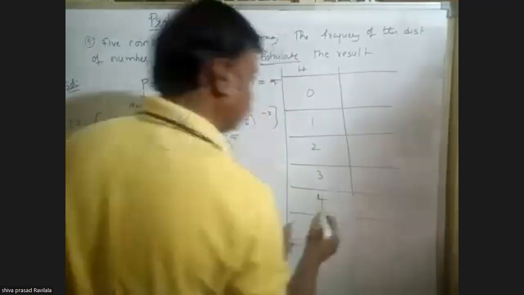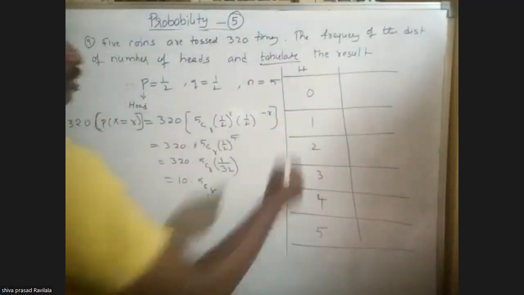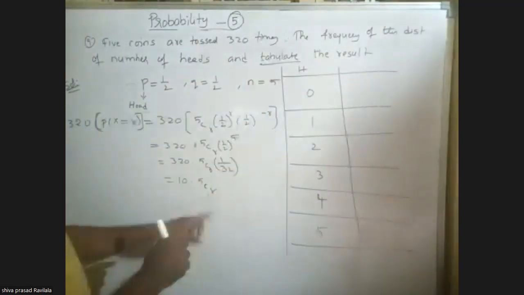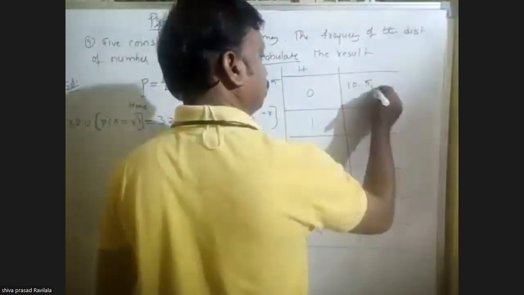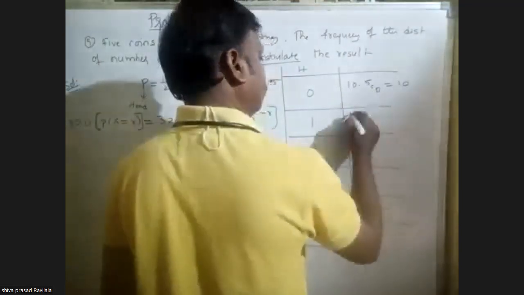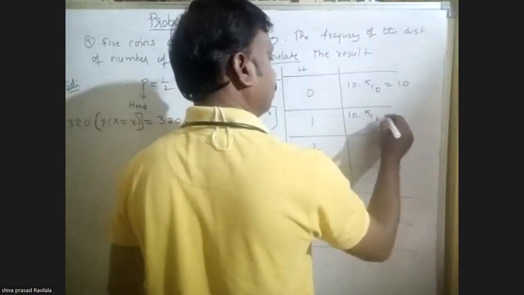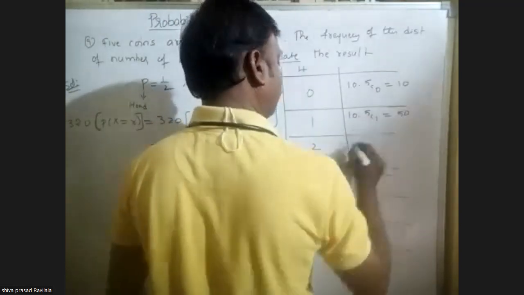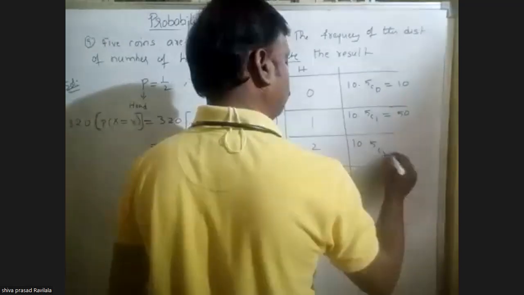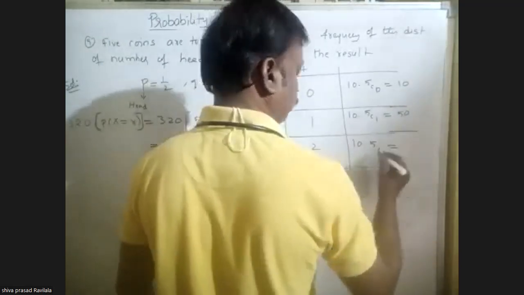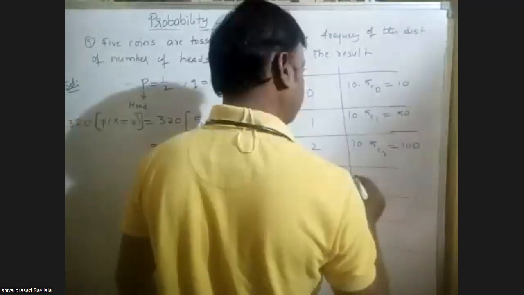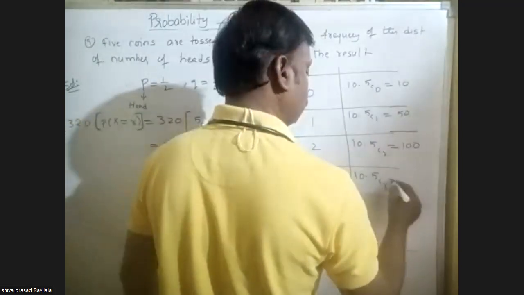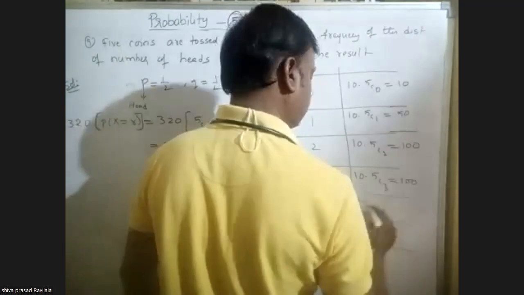Statistics table. 0 heads: put r is equal to 0, so 10 into 5C0, which is 10. 10 into 5C1 for 1 head, 10 fives are 50. 10 into 5C2, which is 10, so 10 tens are 100. 10 into 5C3, that is also 10, so 10 tens are 100.